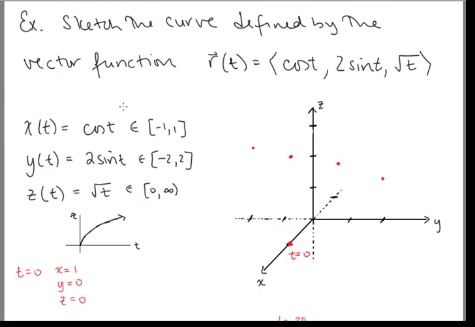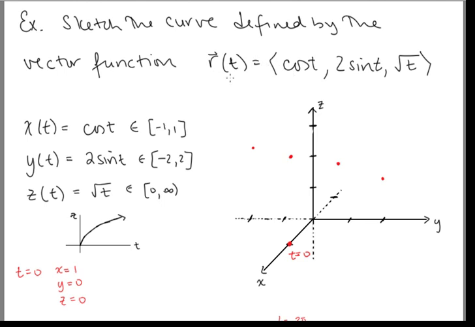Sketch the curve defined by the vector function r(t) equals ⟨cosine t, 2 sine t, radical t⟩. For every real number t for which these functions exist, we're getting a vector, a position vector from the origin to a point in space. The collection of all of those points is going to make up a curve in three-dimensional space.